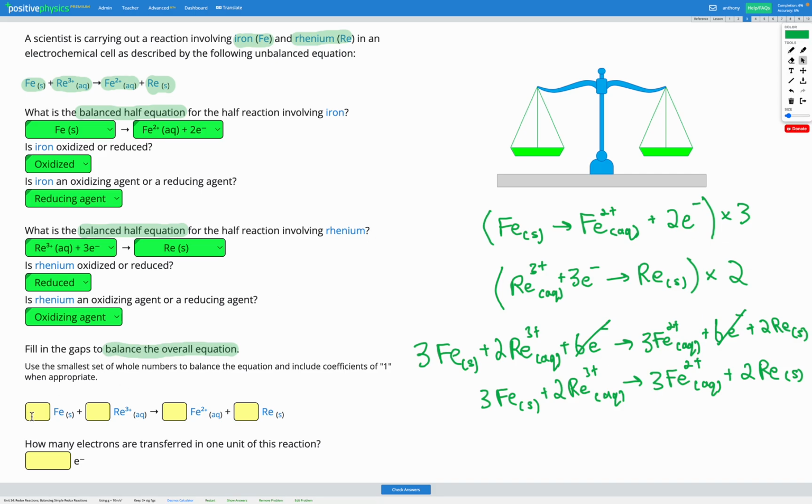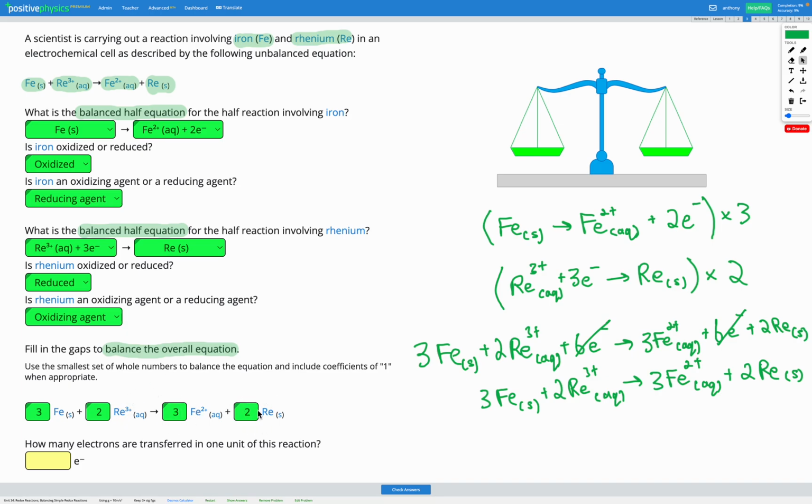So we're ready to go ahead and fill in our numbers here. We had 3 solid iron, 2 rhenium 3+ ions in solution, 3 iron 2+ ions in solution, and 2 rhenium solid. And this makes sense because our atoms of each element are also balanced. We've got 3 irons on the left and 3 irons on the right, 2 rheniums on the left and 2 rheniums on the right.